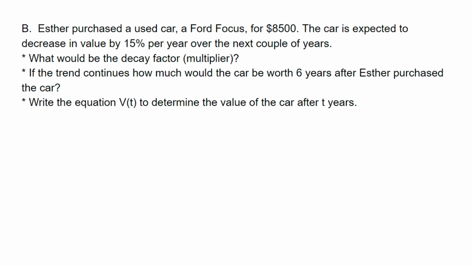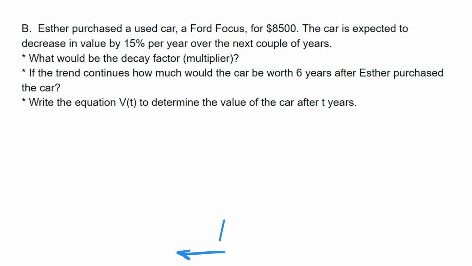All right, building off of that, Esther purchased a car, a Ford Focus, for $8,500. The car is expected to decrease in value by 15% each year. But again, we always start at 100%. So if it's depreciating, it's losing 15%. And remember, 100% is not a number.